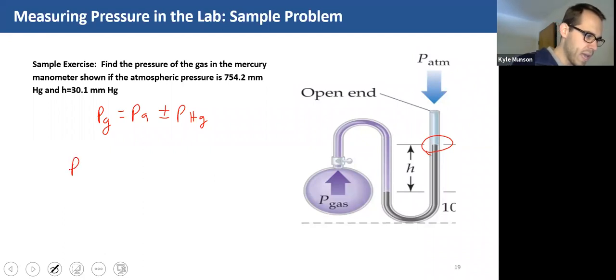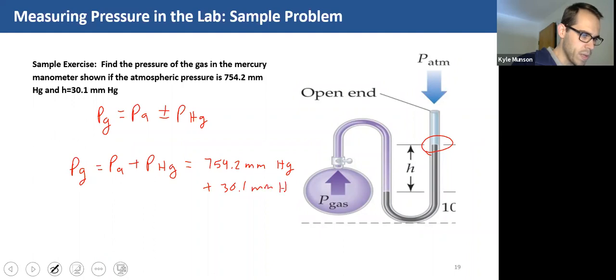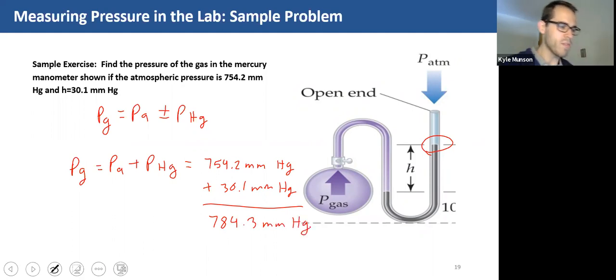So the pressure of the gas is equal to the pressure of the atmosphere plus the pressure of the mercury, which is equal to 754.2 millimeters mercury plus 30.1 millimeters mercury. Okay, and when you do that addition, you should get 784.3 millimeters mercury.